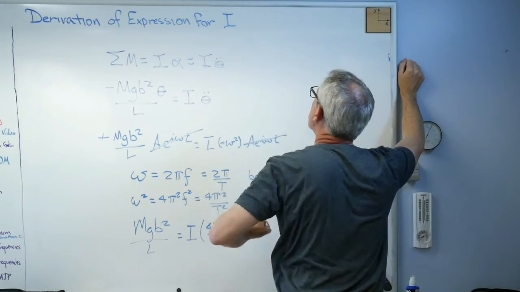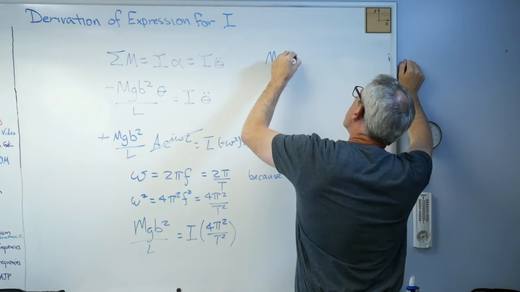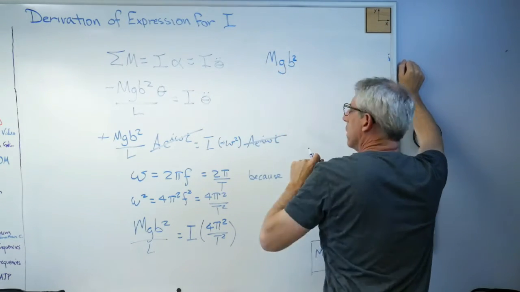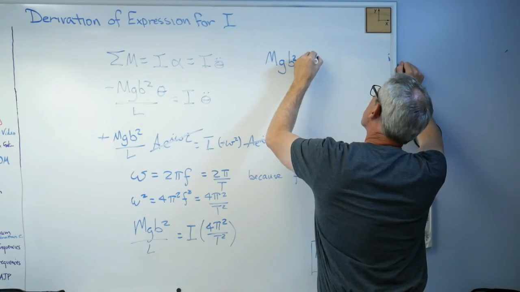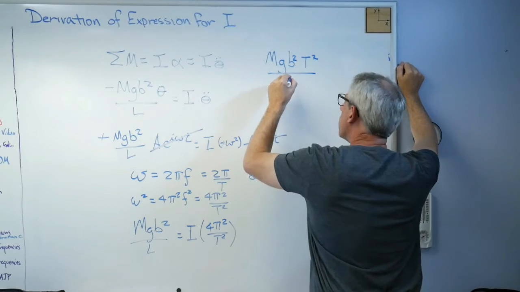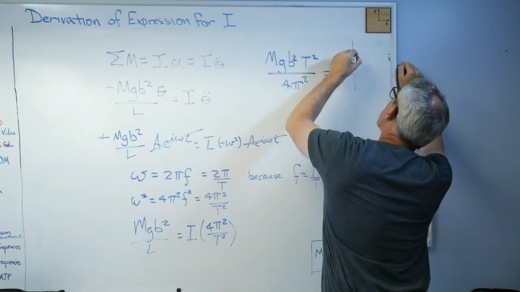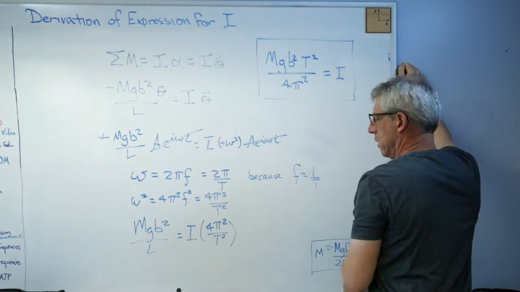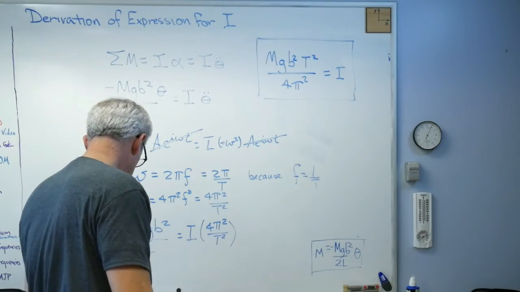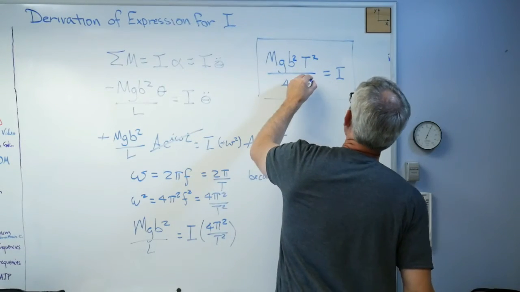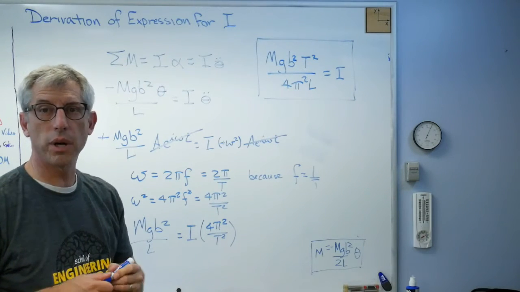Try this one more time. mg, b squared, times T squared, over 4 pi squared, equals I. Okay, I'm going to double check it against my sheet here and make sure I'm not lying to you. And, oops, I forgot the L. Hang on, there's the L. Okay, now I got it. See, always check your answer. So there you go, there's the expression I had before.